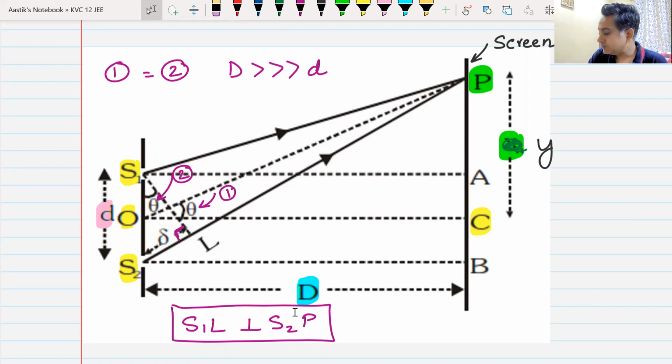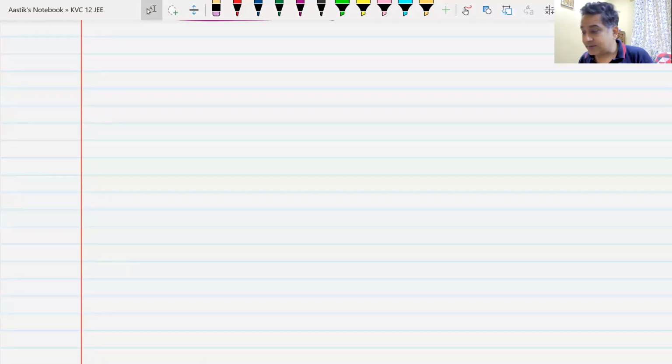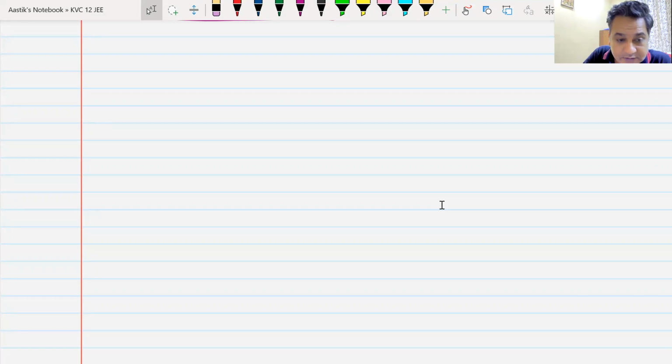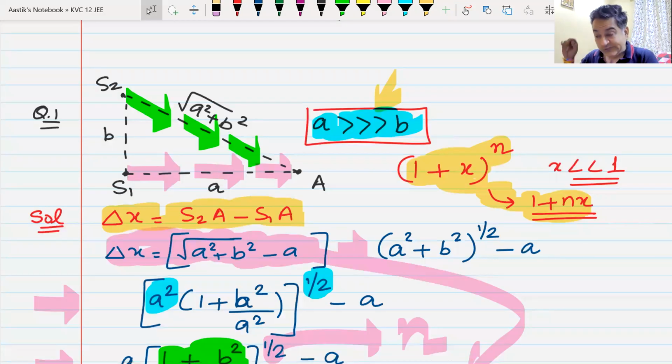Now, looking at the diagram, since we have a time machine, I can go back. Two waves are going to interfere at point P.